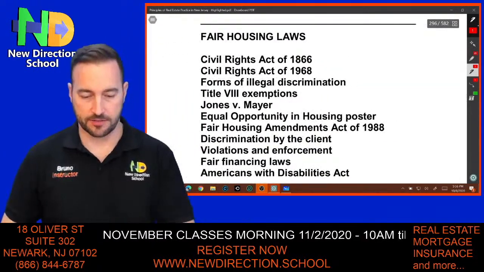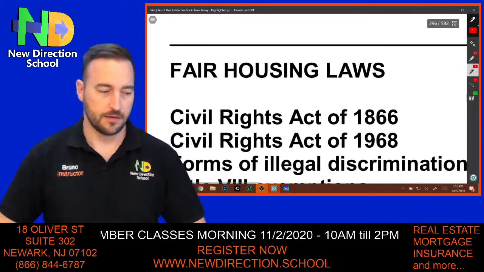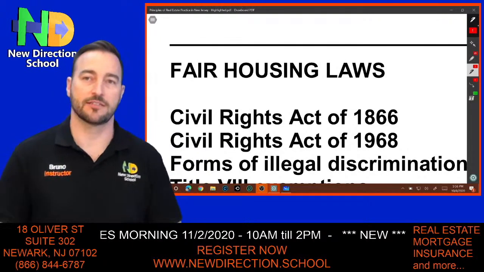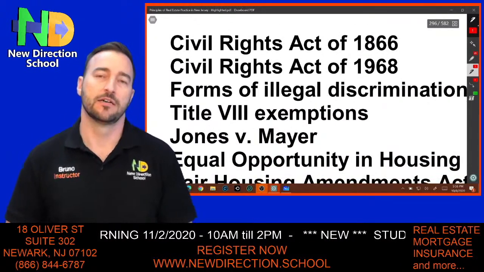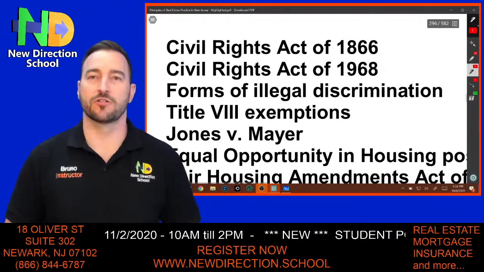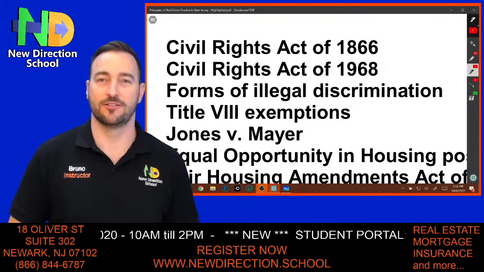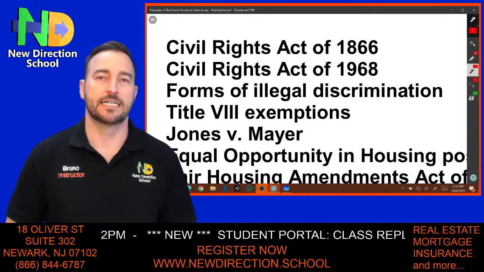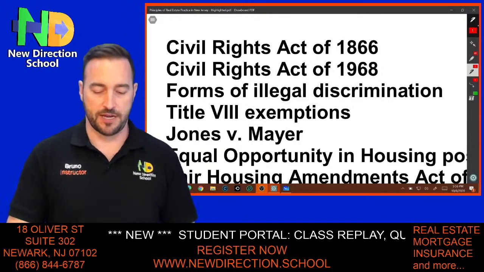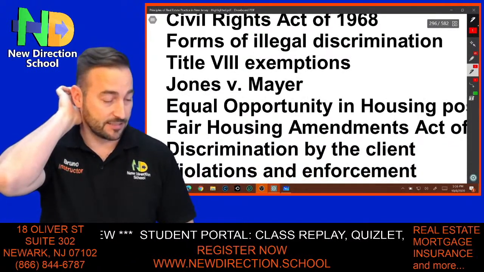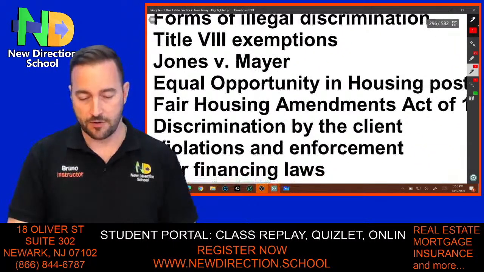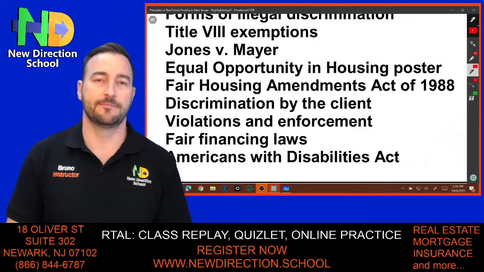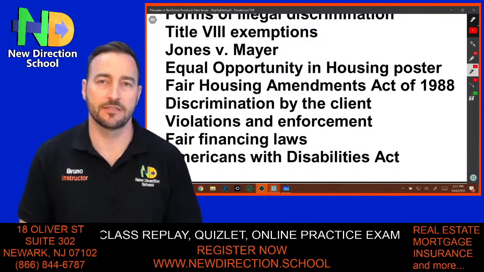I'm going to start with fair housing laws. Under fair housing laws, we have the Civil Rights Act of 1866, the Civil Rights Act or Fair Housing Act of 1968, more specifically to real estate. We have forms of illegal discrimination because, yes, there are forms of legal discrimination where you can discriminate. We have Title 8 exemptions. We have Jones versus Mayer, which we'll talk about, the second biggest thing in 1968. Equal opportunity in housing poster, Fair Housing Amendments of 1988, which adds gender, familial status, and disabilities.